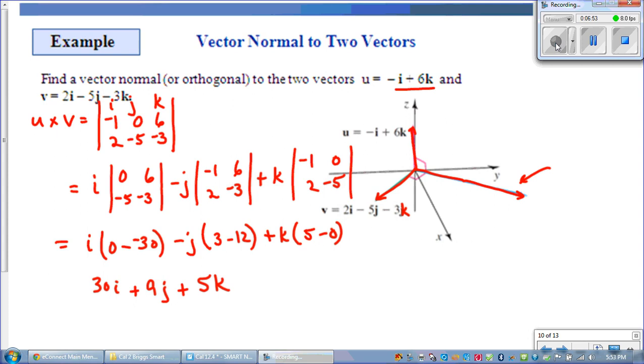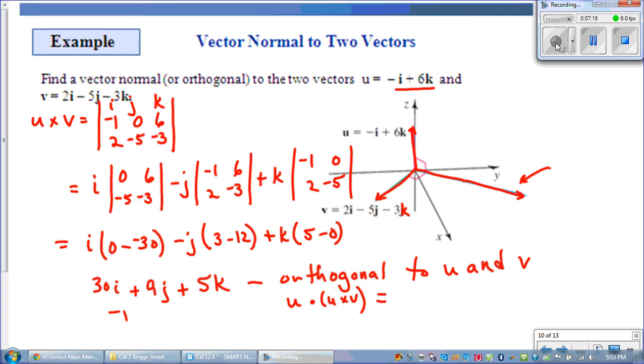Now this vector is orthogonal to both u and v. So a good way to check yourself is to actually find u dotted with u cross v. If they're orthogonal, that dot product better be 0. So u is -1i plus 0j plus 6k, and the dot product will be -30 plus 0 plus 30. Or let's take v dotted with u cross v.